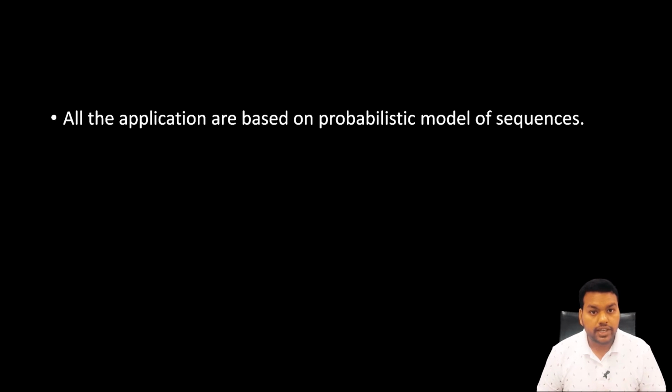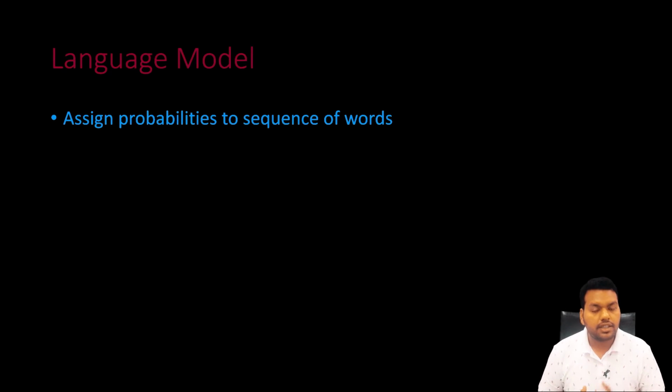A probabilistic model of sequences could suggest the word which is more probable in the given task. The model which assigns probability to a sequence of words is known as a language model. Among language models, the one which assigns probability to an entire sequence of words, or predicts the next word by seeing the history of your sentence, is known as the n-gram.